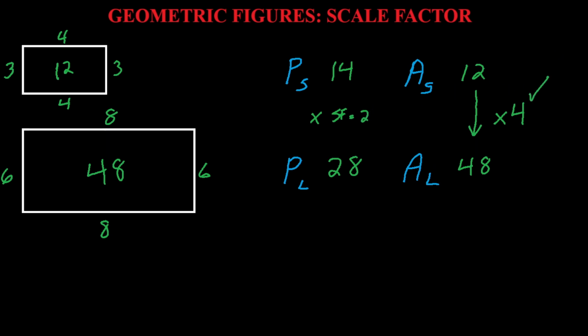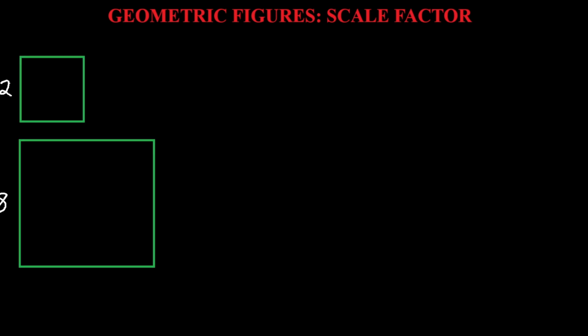Let's take a look at another one to test this theory. So in the original figure, I'm going from a 2 to the scale copy, which is an 8. So the scale factor is 2 times some unknown number equals 8. And I divide both sides by 2. So what I get is a scale factor equals 4.